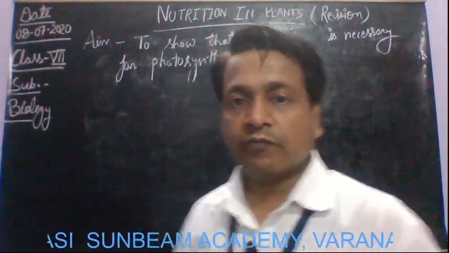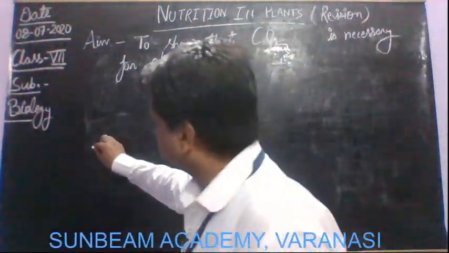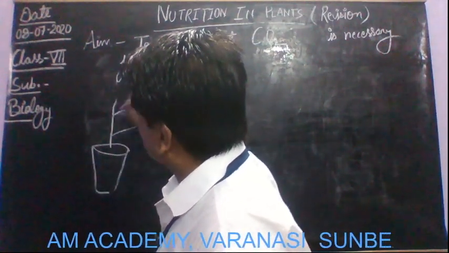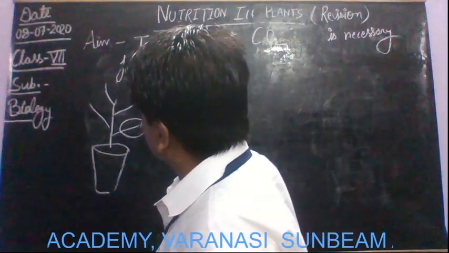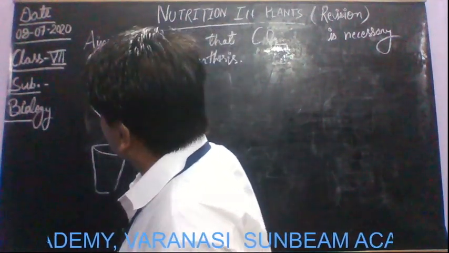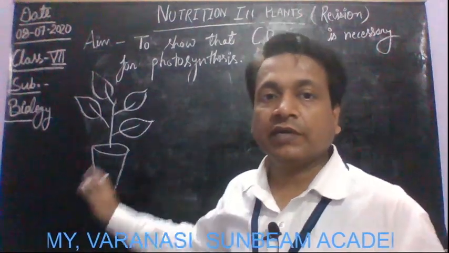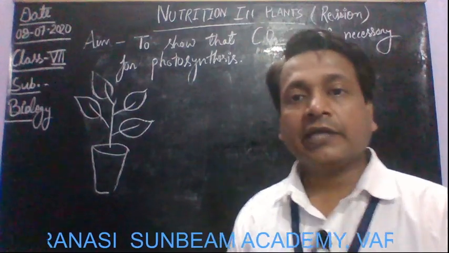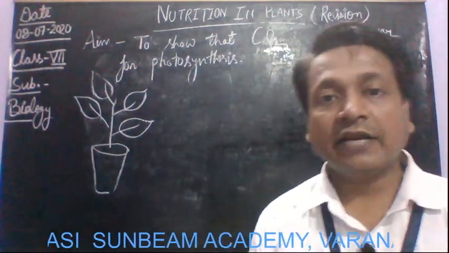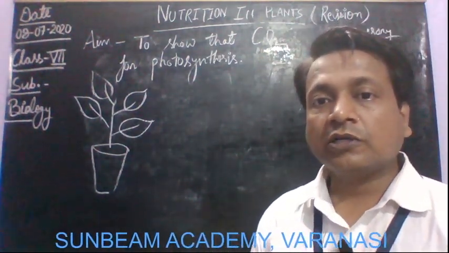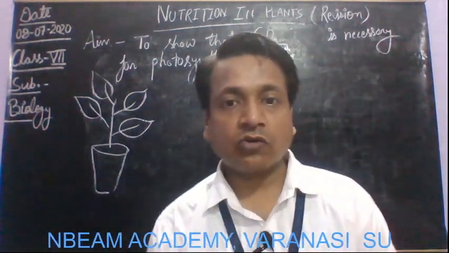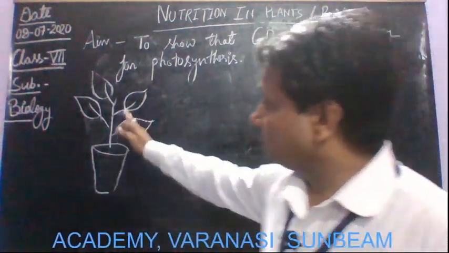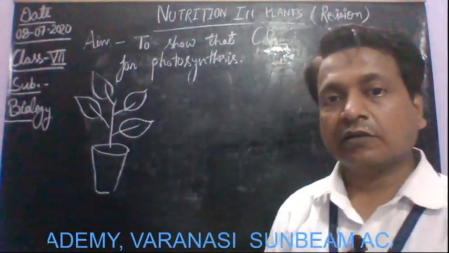So our setup will be like that. We will take a potted plant and select a leaf of the plant. We will take a small bottle with a wide mouth, put some potassium hydroxide solution in it, and put the leaf inside the bottle.